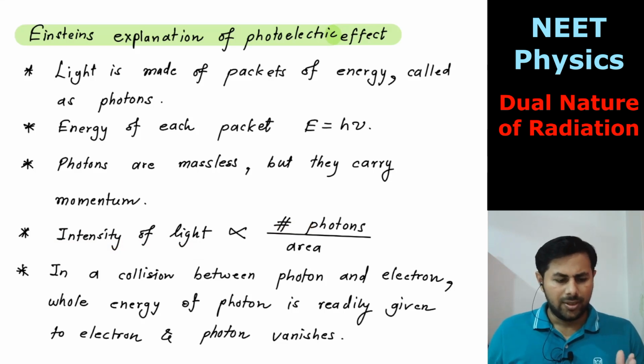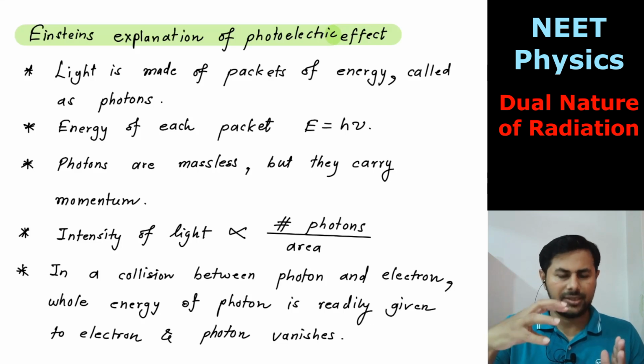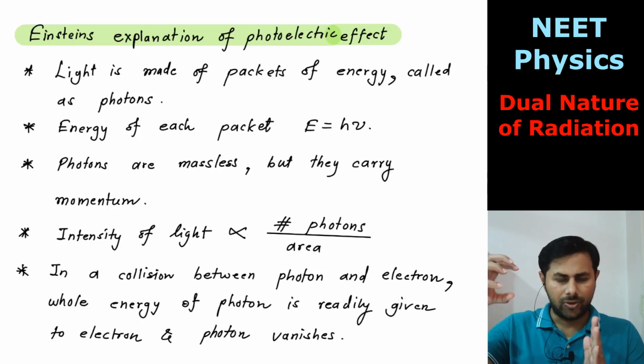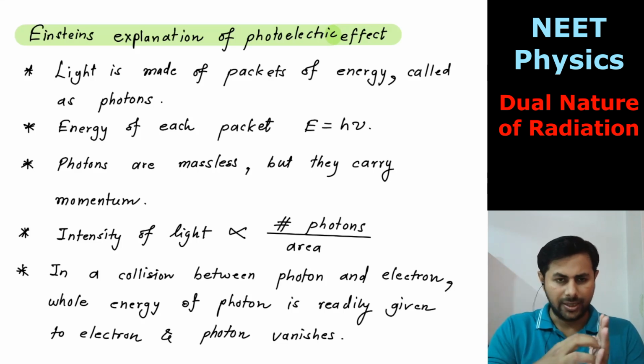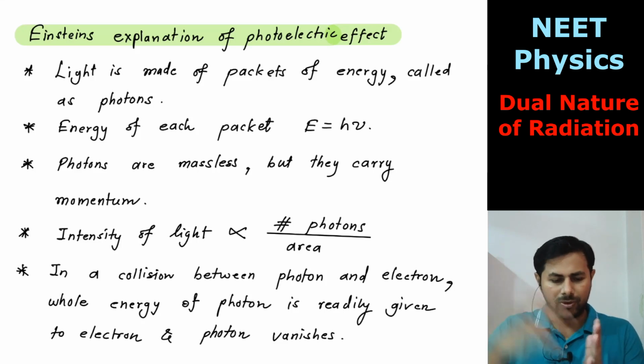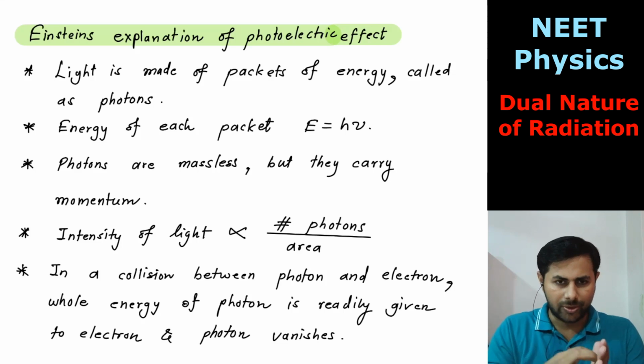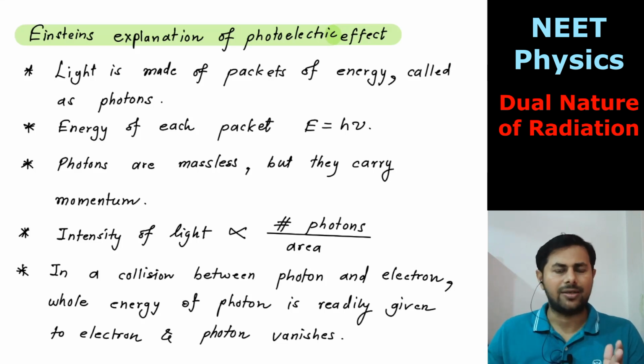So if you are increasing the intensity, what does it mean? More photons will strike on a particular area. More photons strike, that means there will be more photon-electron collisions. That means more electrons will gain sufficient energy to come out of the metal surface, and that's why the current will increase.